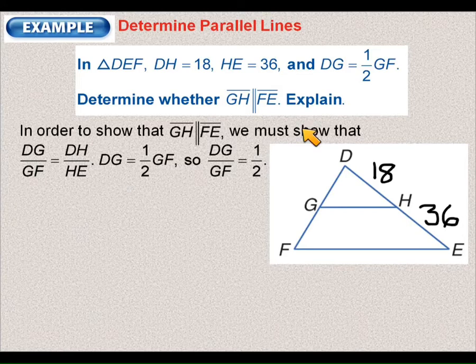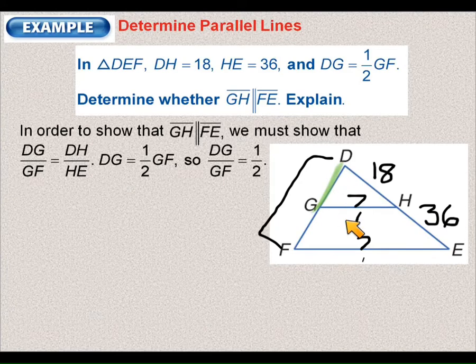And then all I know about the other side is this green piece here is half of the whole thing. So I have to check, are these two things the same ratio? Are they proportional? Even though I don't know this side, I know this is half of the whole thing.